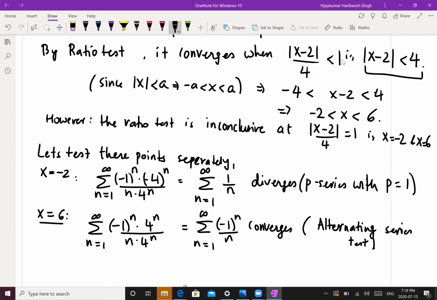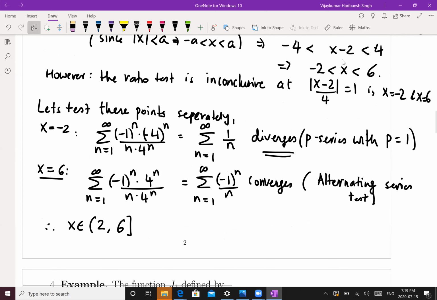Therefore, we can see that x belongs to (-2, 6], so -2 is excluded, right? Because at -2 it did not converge, and 6 is included. So therefore, x in this interval gives convergence. Right?